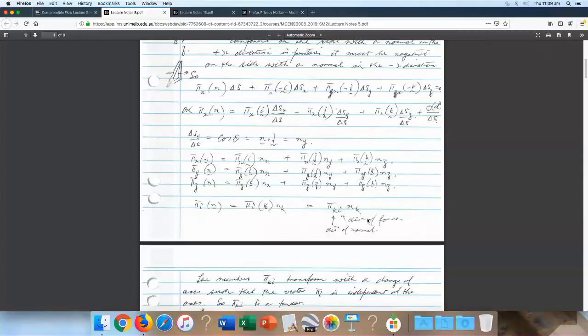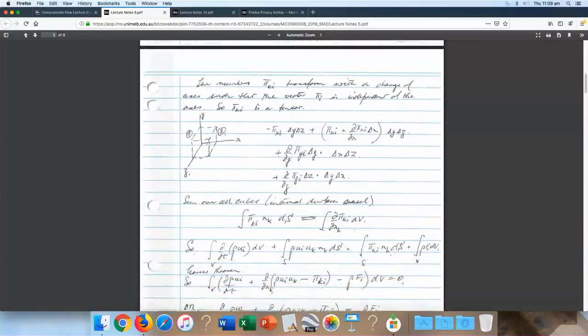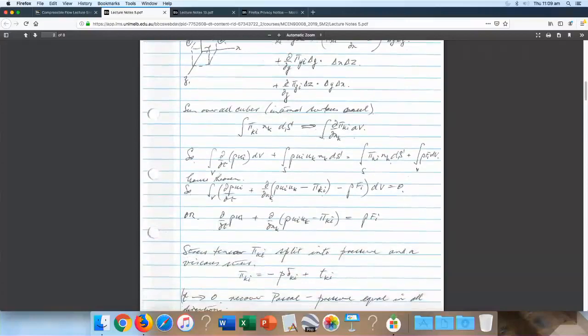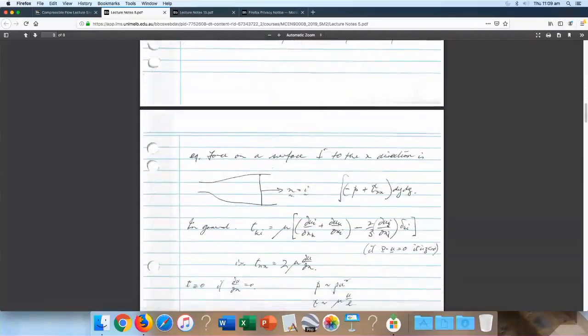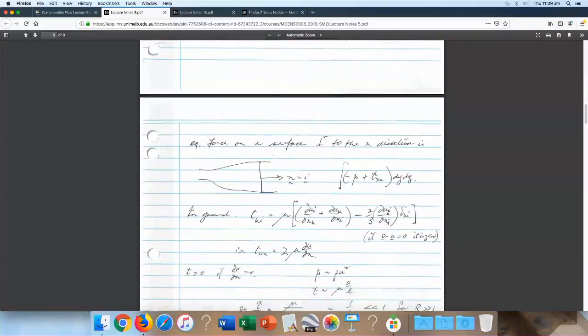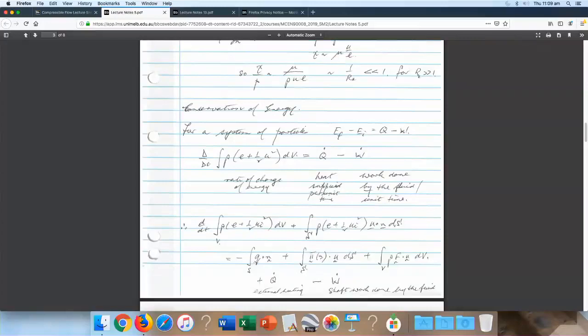And now when I came then a little later, so this was Gauss's theorem, and conservation of energy. So here it is. So the first part on the left-hand side is the rate of change of energy following a moving volume, moving with a set of particles.